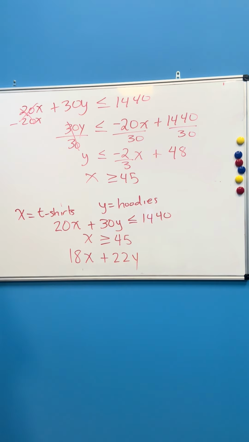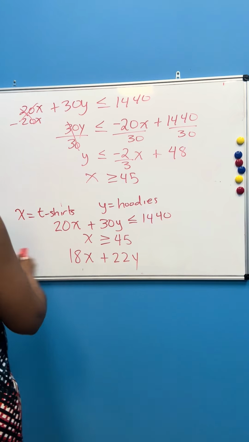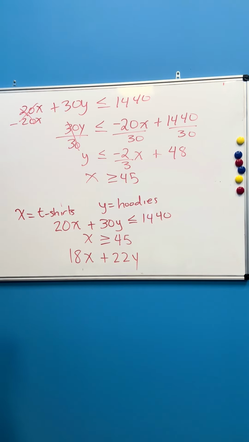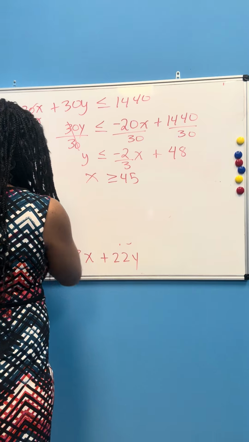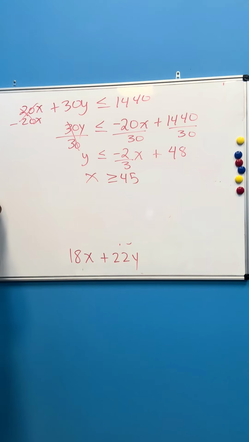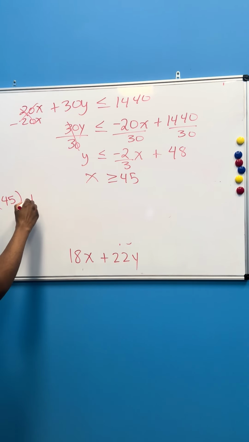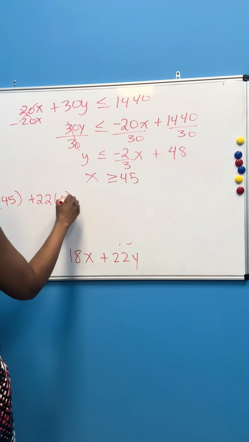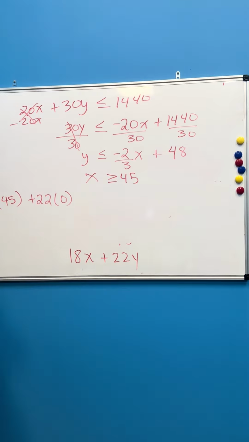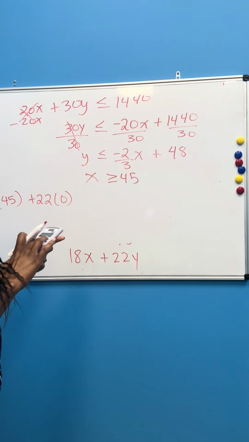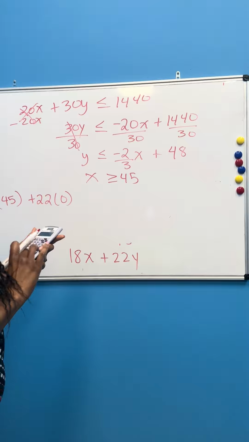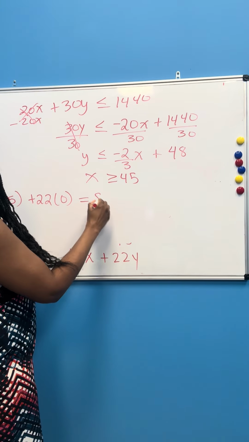Now that you have your objective function, which is right here, 18x plus 22y, what I need to do is plug into it each of those possible values. So I can do 18 times 45 plus 22 times 0 and see what that gives me. 18 times 45 is 810.